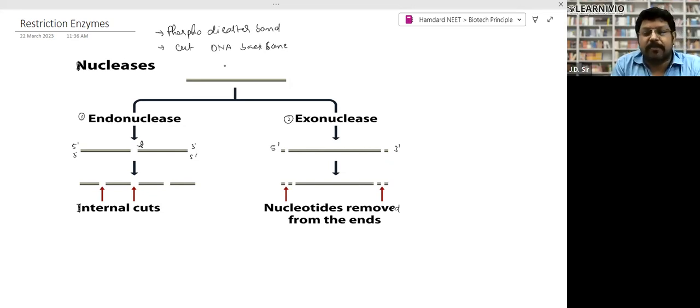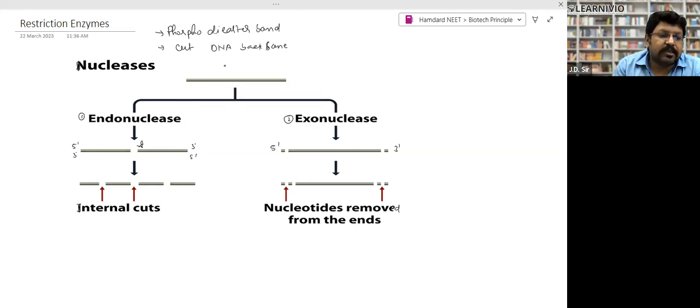So actually restriction enzymes cut the phosphodiester bond, and that's how they break the DNA. And you said very rightly that they recognize a particular sequence, and that is called the recognition sequence. After recognizing the recognition sequence, they break down the DNA.